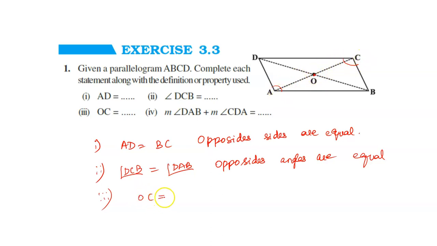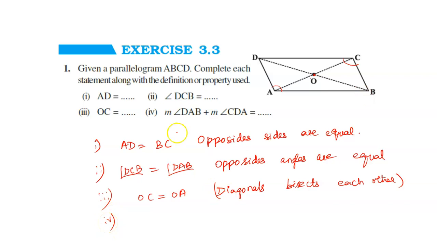Why? Because diagonals bisect each other. So definitely OD is equal to OB also, right?